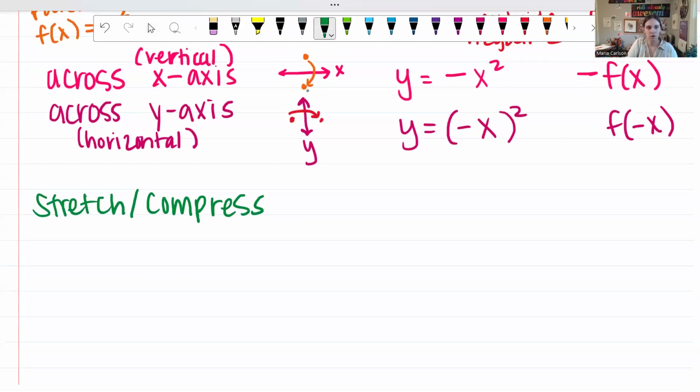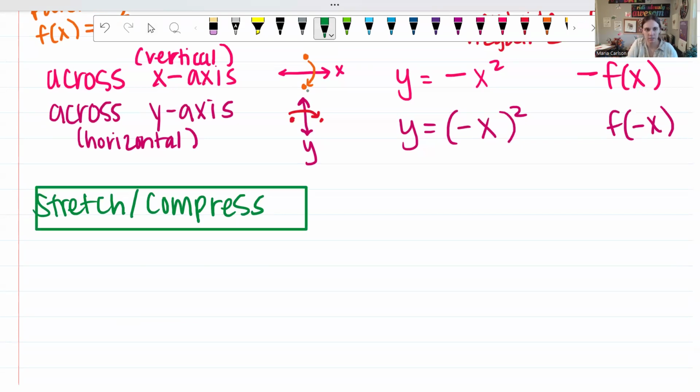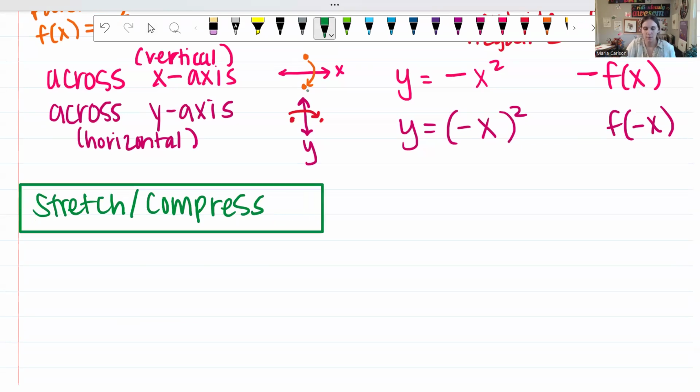So if you are stretching or compressing, this is kind of like dilating. You are really changing the speed at which your graph is growing. So this stretch means that we are either pulling it out horizontally or vertically, or we are shrinking it.